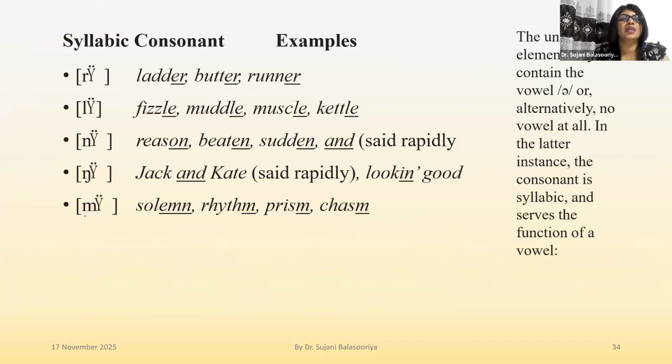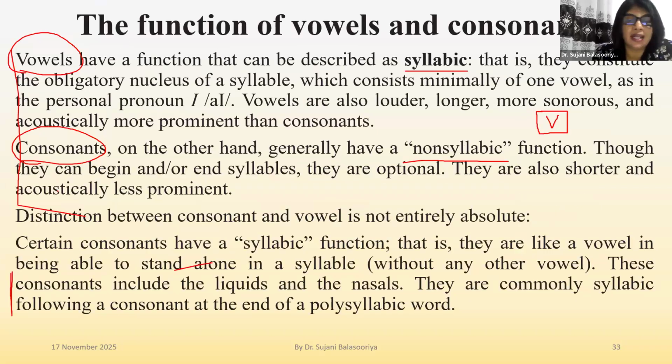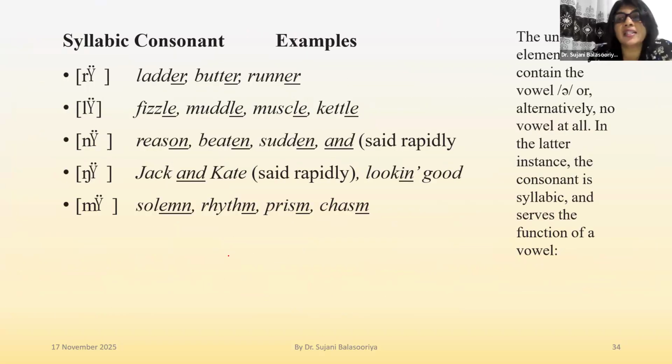Right. Okay, here you have some examples for syllabic consonants, because in the latter part I was talking about some exceptional situation where some consonants have syllabic function. Here are the examples for that. So you have some syllabic consonants. The underlying elements may contain the vowel or alternatively not.